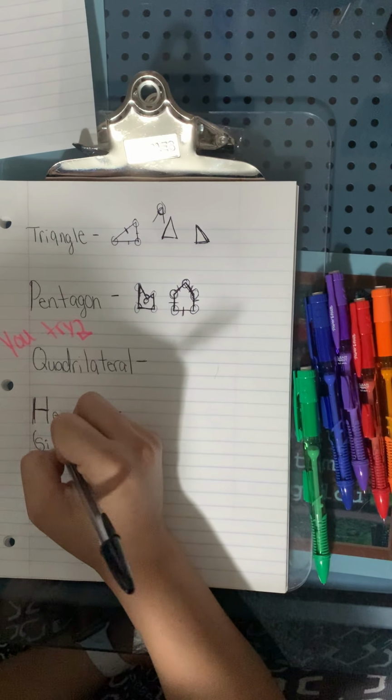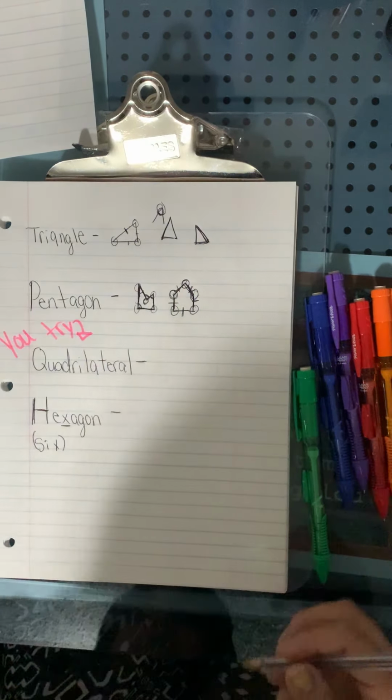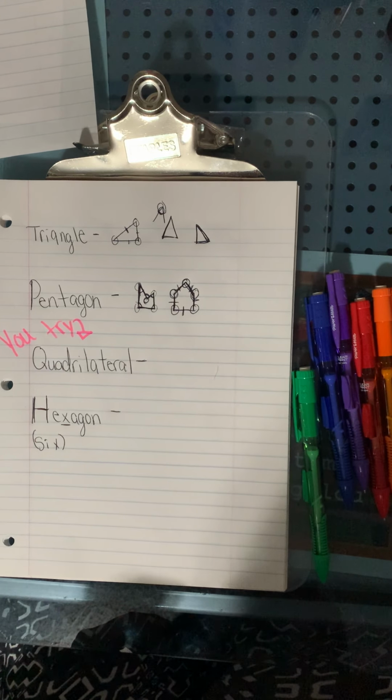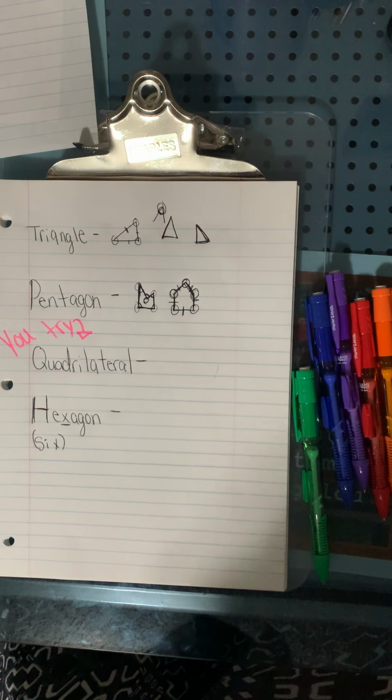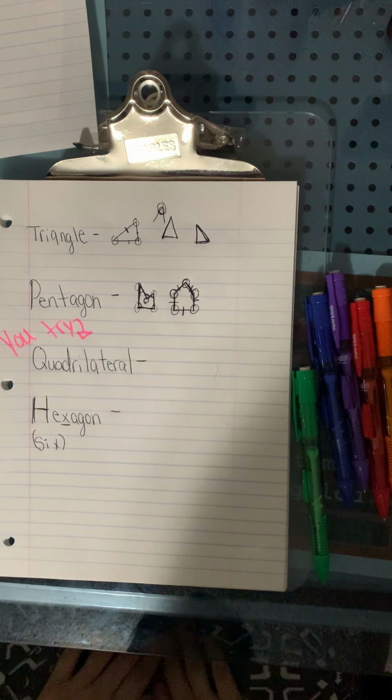Okay, this is your hint. 6. I want you to draw a hexagon, or actually draw 2 hexagons. That way you can get some real good practice in there. Okay. And that is your you try. I'm going to give you time to pause your video, write this down.